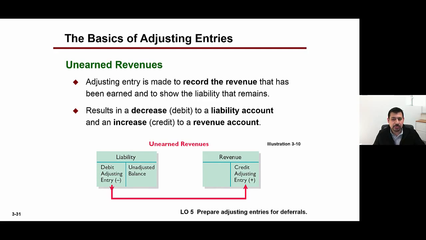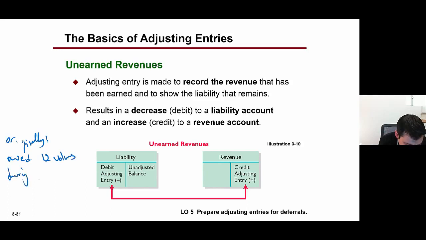But let's say during that accounting period, the company delivered one volume. So originally, they owed 12 volumes. During October, they delivered one volume. So now the company earned one volume.